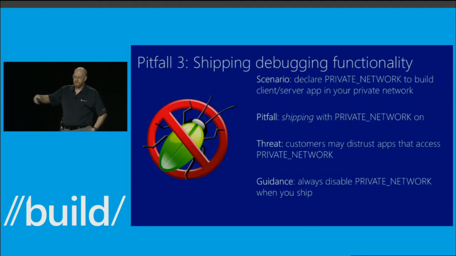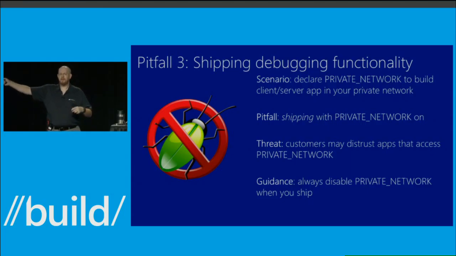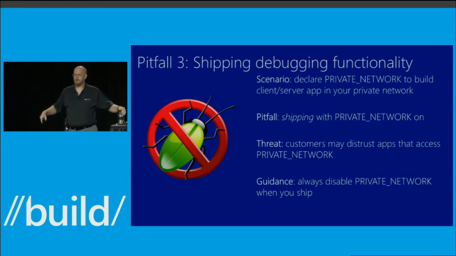The app still works, but that is an excess capability. It is not necessary for the production environment. It's only necessary for your test environment. And this is just a common oops that we see a lot. So please check for that and turn it off before you ship it to us. Maybe your app really does need private network. We can't tell. It's your job to turn it off if you don't need it.